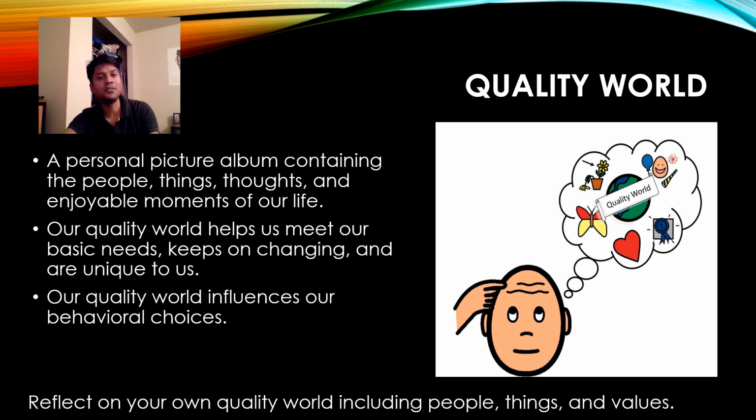The quality world is a kind of personal picture album, which contains the people we want to be with, the things we want to do, thoughts that govern our behavior, the enjoyable moments in our life. It is a collection of everything that helps us to fulfill our five core basic needs. So the first thing about the quality world is it's unique for everybody.